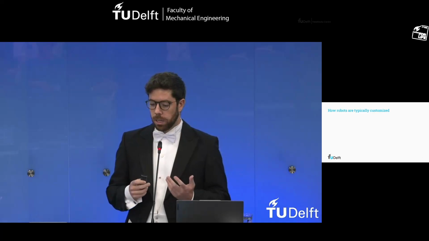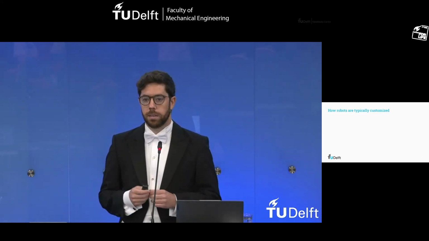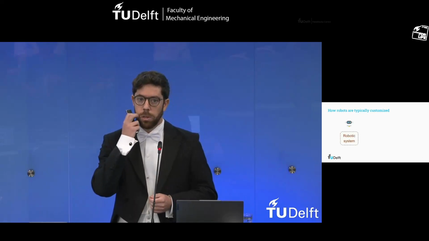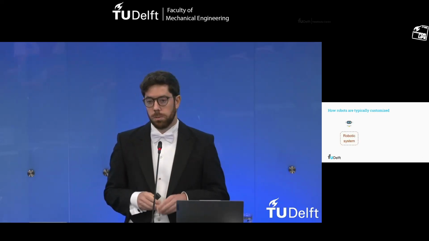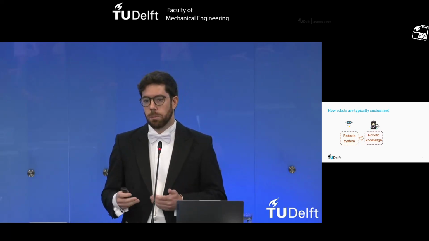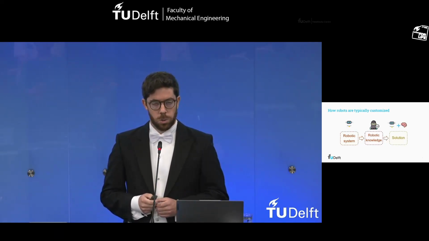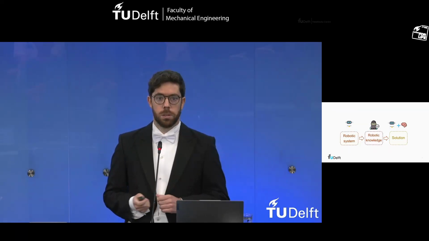So let's see a bit how the process of building robotic systems works and why this is actually giving us problems. So commonly, first, we have a robotic system. So this is basically a robot. Then we have someone that knows how to program a robot and give it in some way a brain, such that then we reach a solution. So far, so good.